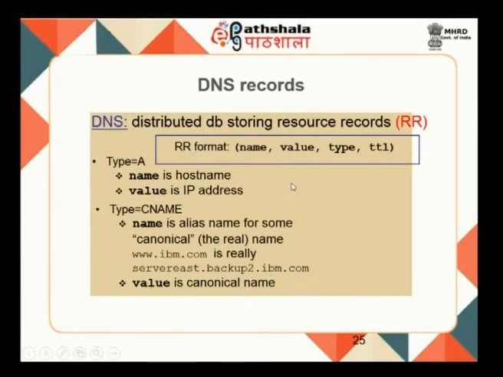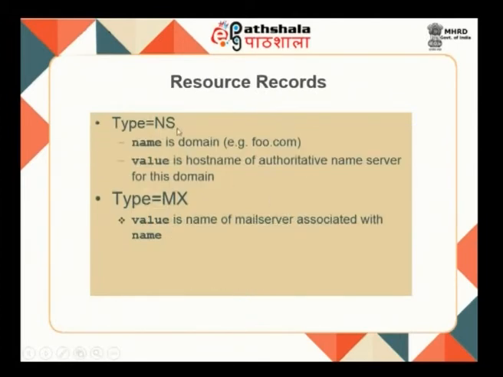So, when you send a request, you may get back multiple resource records. One may be an A type, one may be a CNAME, or you could get an NS record and an A type record. So, you could get different types of records returned for a given query. This is important because the information is conveyed using these types of resource records.